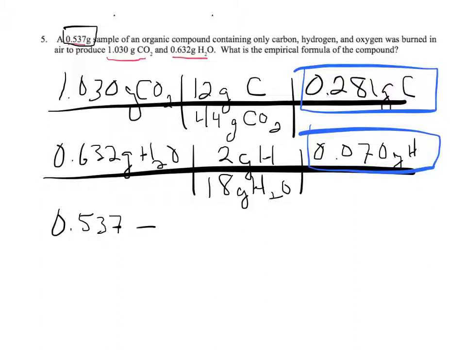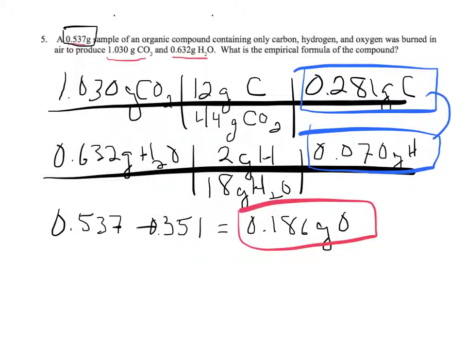So we add these two values together, and the law of conservation of mass says that we have to account for the remaining mass. So we subtract 0.351 from 0.537, and we get 0.186 grams of oxygen.